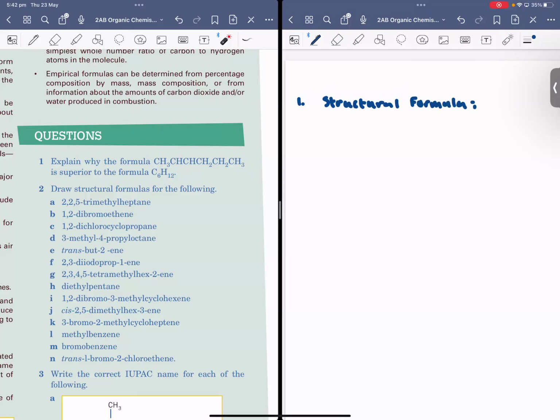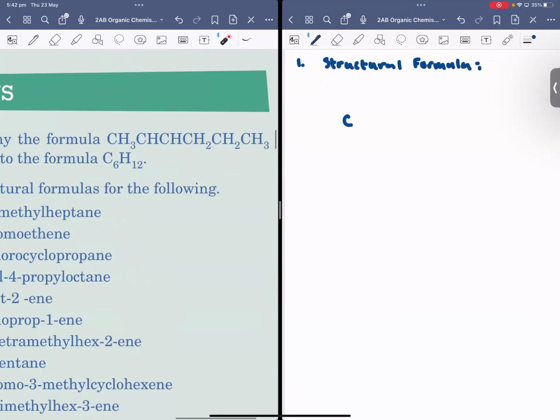So CH3, so C in the middle, and then CH. Why would it be CH? There'd have to be a double bond there. So there's C double bonded to C there. So there's CH3, and then C double bonded to C, and then an H here and an H here. And then CH2.